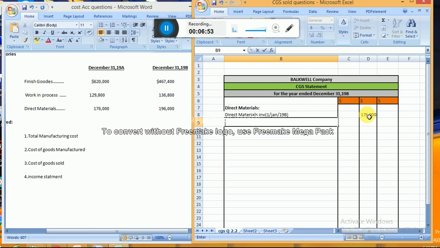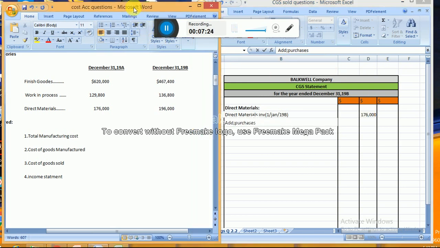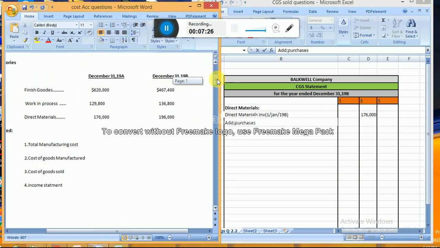And we made some purchases. Look at, dear students, during the year, because manufacturing is a continuous process, we must have some materials purchased. Continuously we make production, so automatically we make some purchases. For the purchases, we check our data.